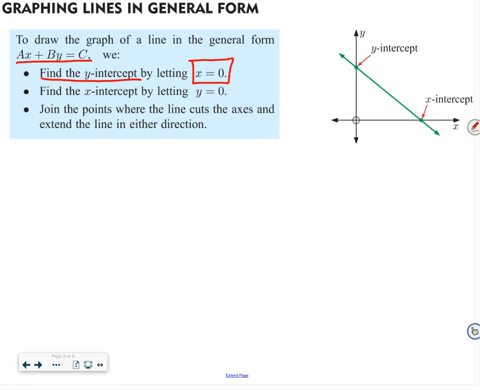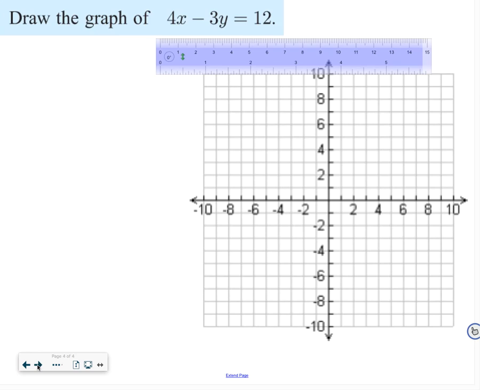Our second step is to find the x-intercept, so we let y be 0, and we graph that point. Once we have 2 points, we can join them together and extend those lines in either direction. Okay, so notice our y-intercept here first, our x-intercept where our y is 0 here, and we connect the lines.